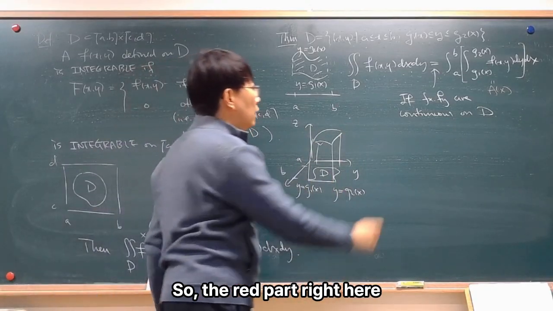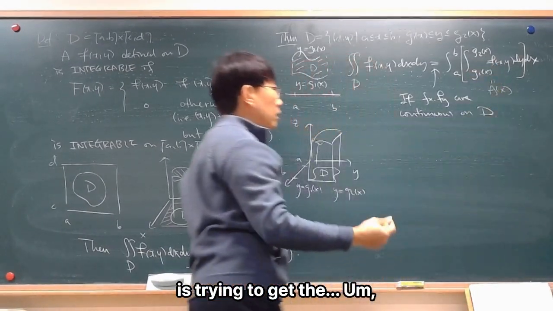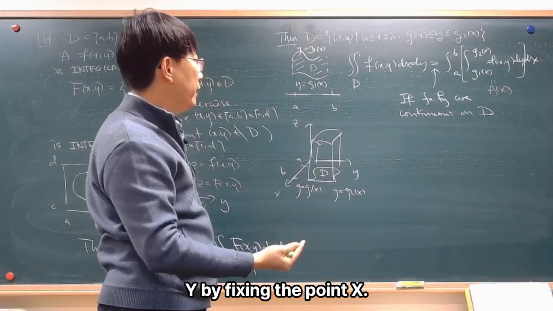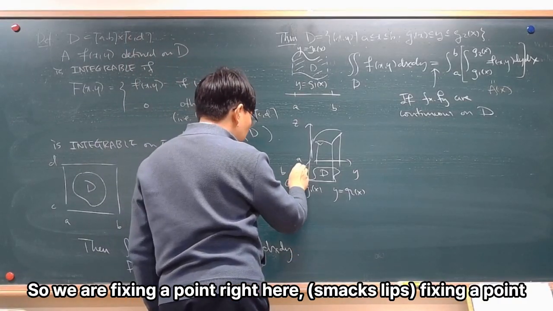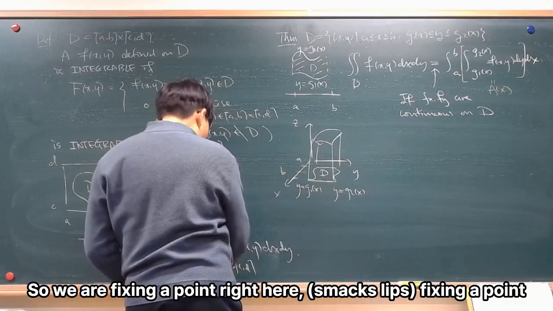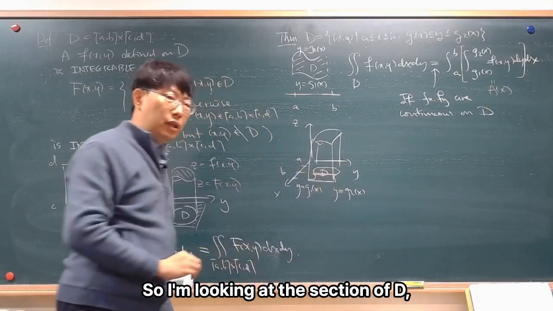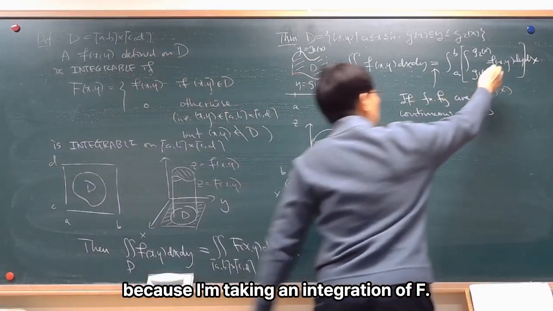The red part right here is the integration of f(x,y) obtained by fixing the point x. So we're fixing a point right here. I'm looking at the section of D, but not really just D, because I'm taking an integration of f.